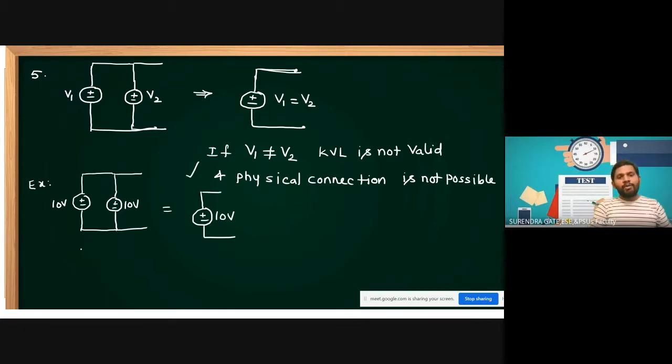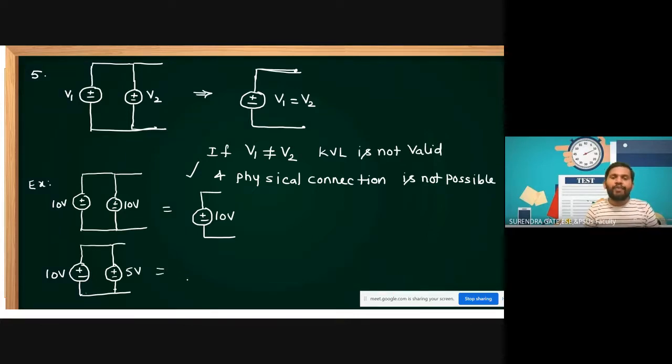For example, two voltage sources. This plus minus 10 volts. And this also plus minus, but it is 5 volts. V1 is not equal to V2. Now, what is this resultant voltage, friends?